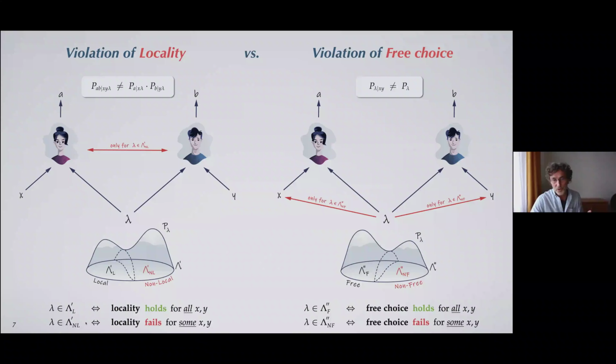Once I have those subsets defined, I can ask how often it happens. It happens for this particular model, which I'm considering here, on this part of the hidden variable space. So, how often does it happen? I simply need to integrate or sum over the subset. This tells me how often Alice and Bob retain locality.